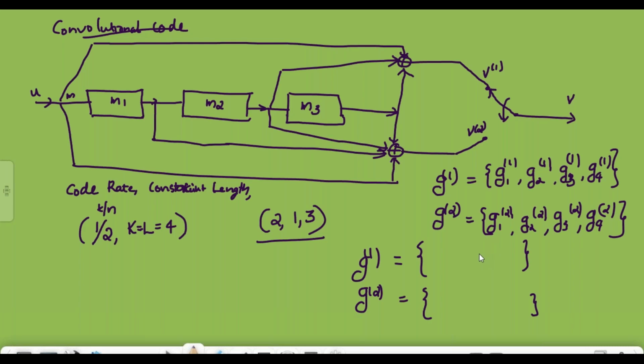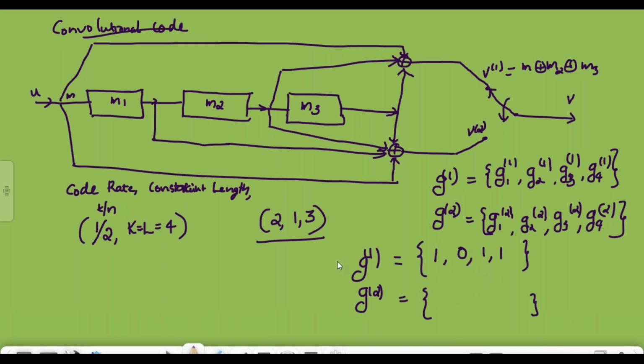Here we have the first adder element, the output v1 is equal to m XOR m2 XOR m3, since it is not connected to m1. Therefore the generating sequence is 1 0 1 1.